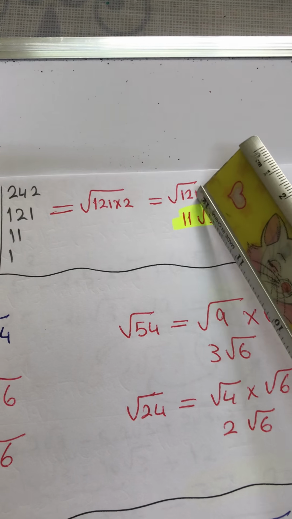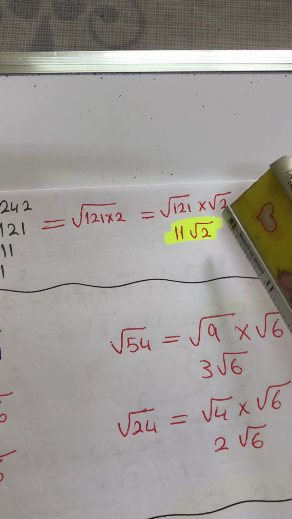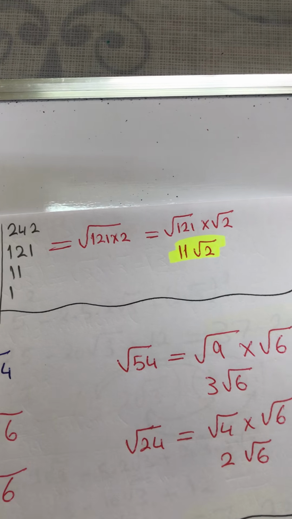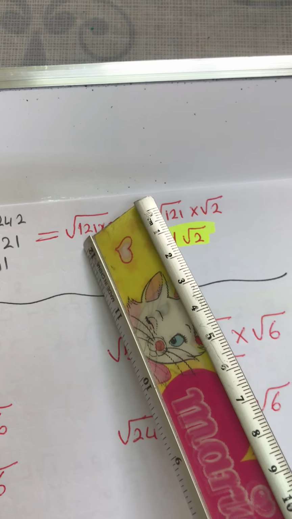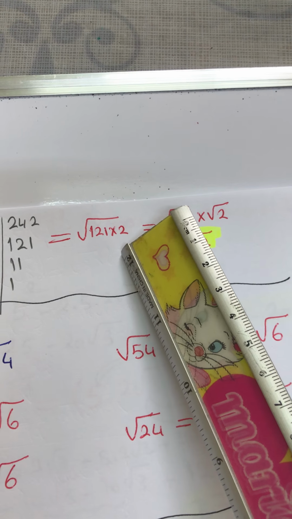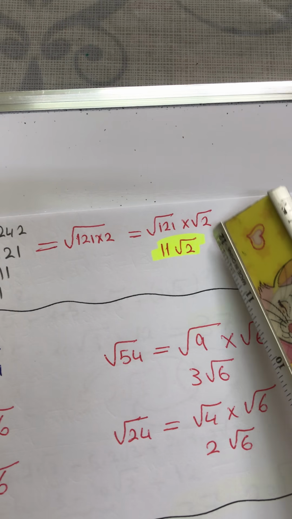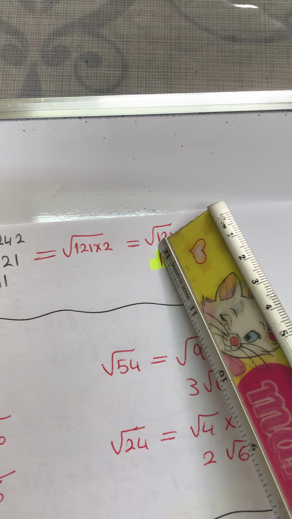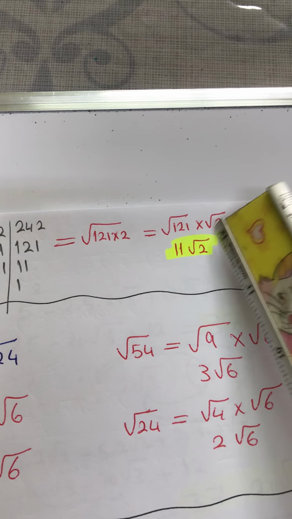Square root of 121 equal 11. So it will be 11 square root of 2. Okay, so easily I change 242 into 121 multiplied by 2. I make them into separate square roots. So here square root of 121 times the square root of 2. The answer here is 11 and here is still square root of 2.